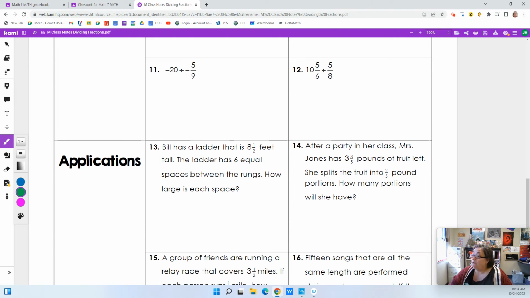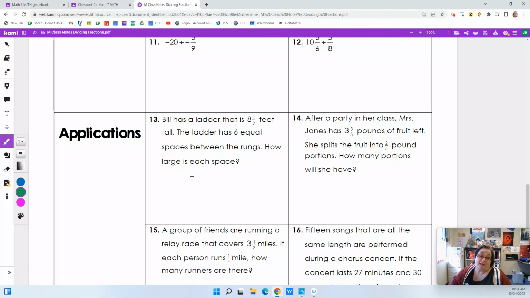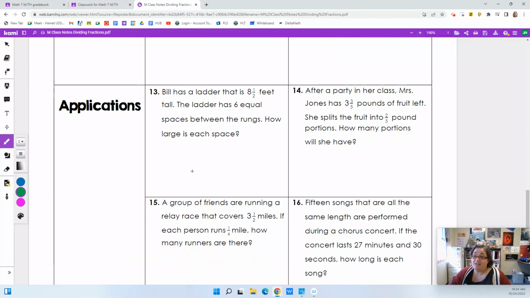We are going to do one of these word problems, right? Because I am actually assigning you the word problems on your worksheet. I never liked the word problem. These aren't too bad, though, because all your numbers are right there. It says, Bill has a ladder that is 8.5 feet tall. The ladder has 6 equal spaces between the rungs.